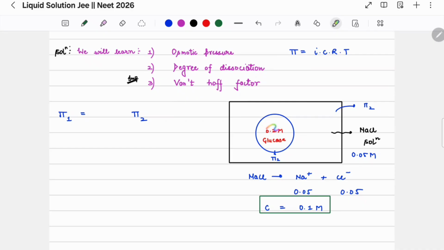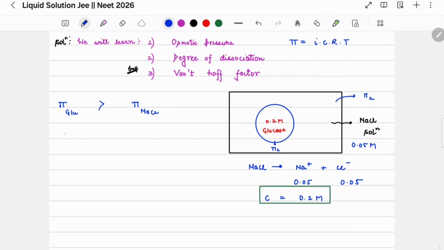Glucose is more. So think yourself: if the molarity of glucose is more, meaning the concentration is more, and if concentration is more, then the osmotic pressure will also be more for glucose. So I can write like this: this is glucose and this is NaCl solution. Pi glucose is greater than pi NaCl. Now you just tell me, if you want to make both of them equal, what will you do?